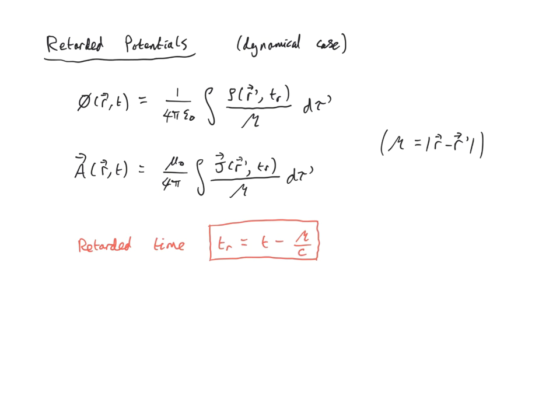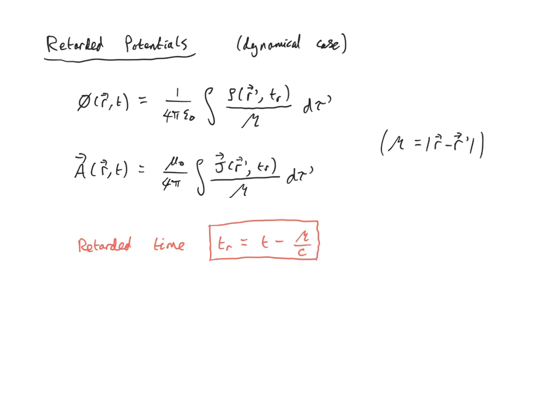The current and the charge distributions at a given instant in time t cannot affect the potentials at a distant location because the information, which is an electromagnetic signal or electromagnetic wave or whatever, needs to travel through space a distance of this script r, and it can only do that at a finite speed, c.